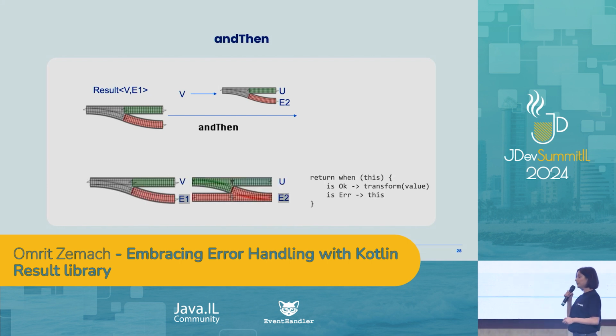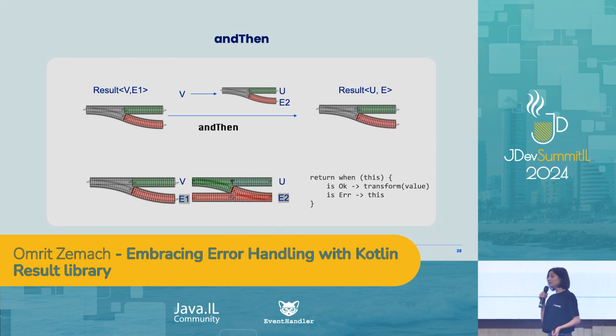And under the hood, in case of success, it unwraps the success value and returns a new Result of the next operation. In case of an error, it bypasses the next operation and propagates the original error to the other functions. So in the end, we will get a Result with either the success output of the next operation or an error that originated from the original Result or from the next operation.